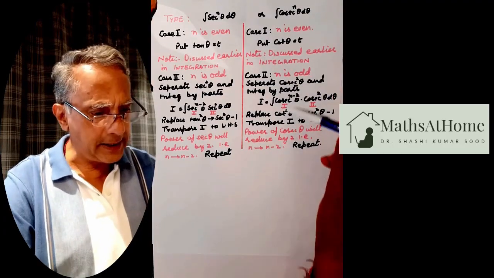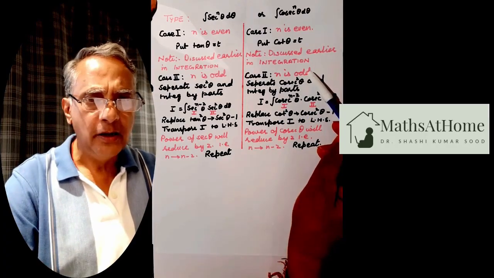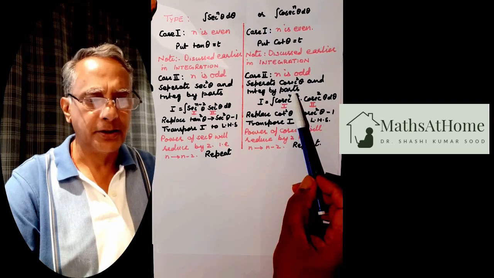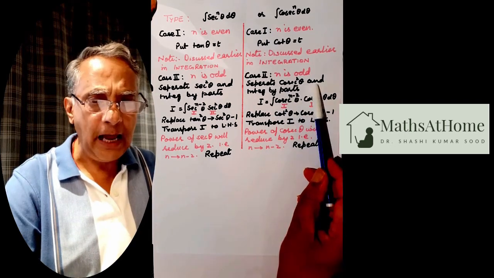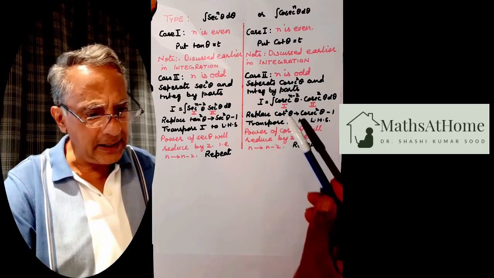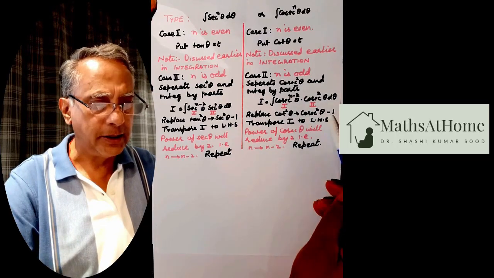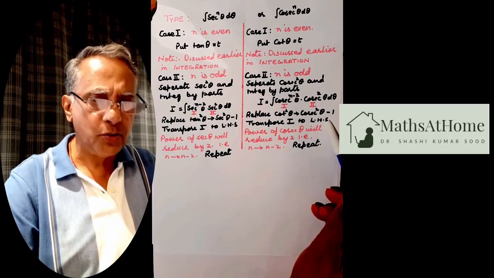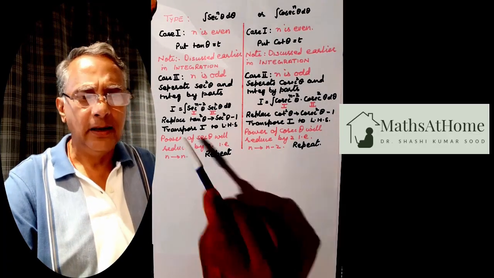Similarly in this case, if n is odd, we will separate cosecant square theta and integrate by parts. Replace cotangent square theta by cosecant square theta minus 1 and transpose I, which we get on the right hand side, to the left hand side.